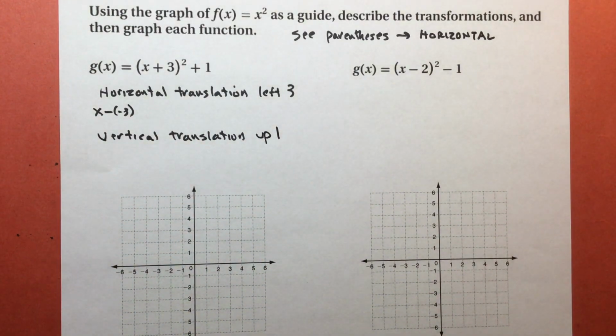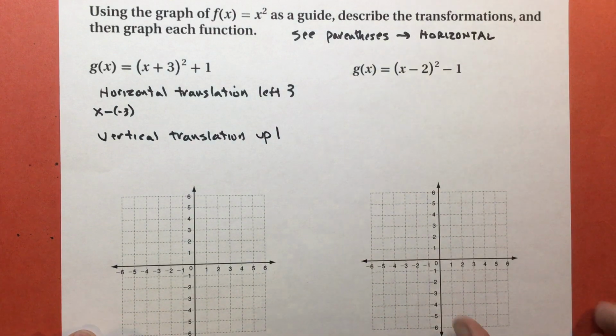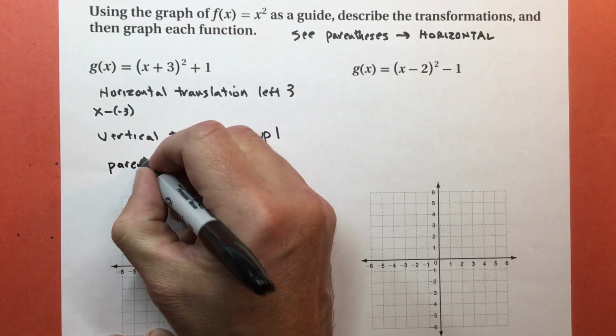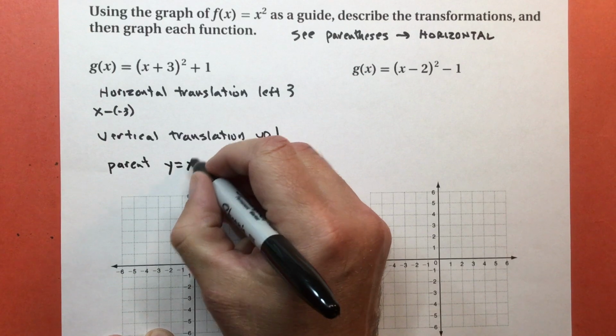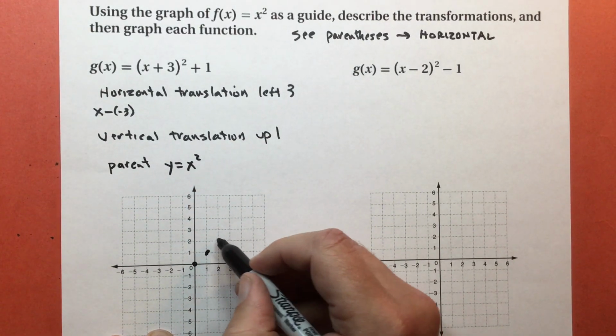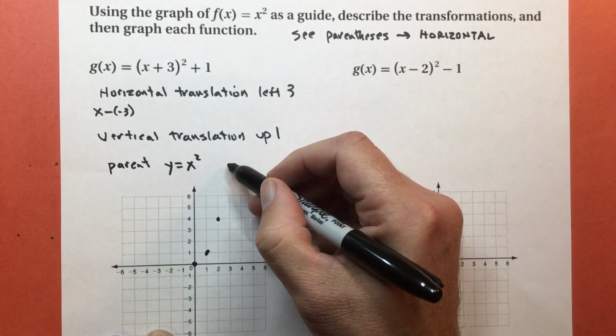All right, so now let's try to draw the graph. I don't care which color. I've got a green Sharpie too. I like that color. It's kind of a cool color. So I'm going to draw the original parent function. Remember, my original parent function uses the perfect squares. So my parent function is y equals x squared. So that's 0 squared, 1 squared is 1, 2 squared is 4, and 3 squared would be 9, which would be up here someplace.